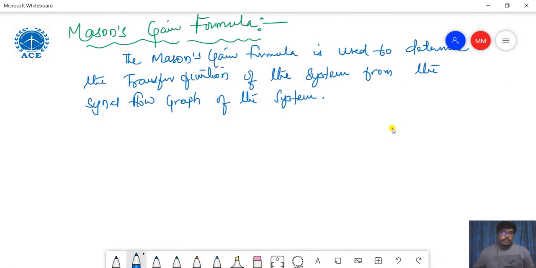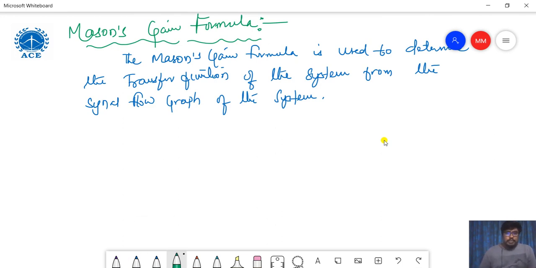So Mason's gain formula is used to determine the transfer function of the system from the signal flow graph of the system. Okay, so we will see from here.